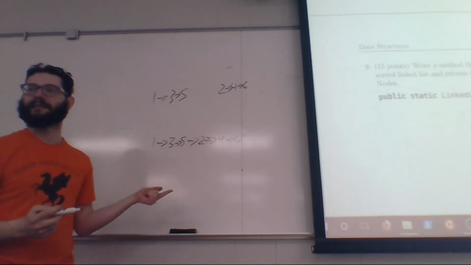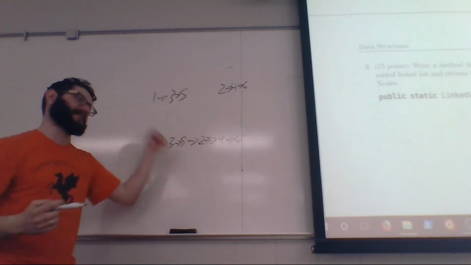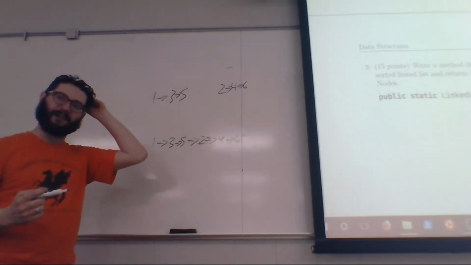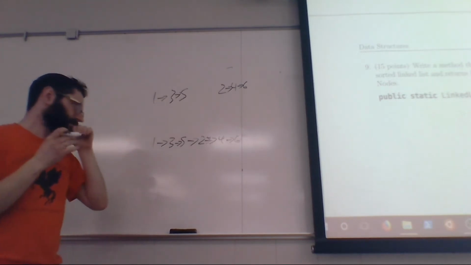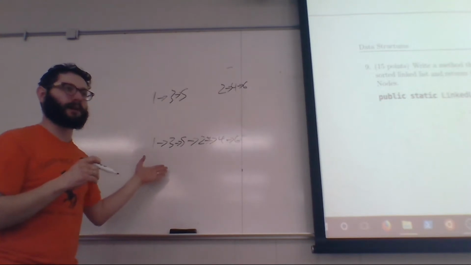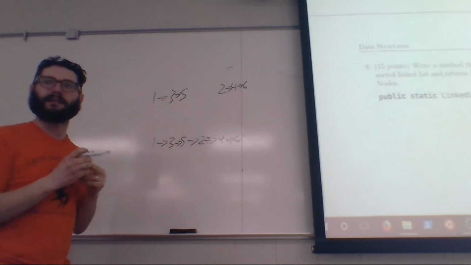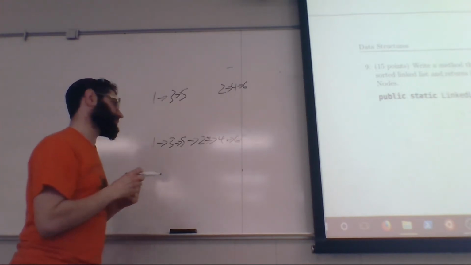Because it's a linked list. If I'm going to sort something, that's going to involve going to various indices and moving pointers. That's going to be terrible. But that is a solution, to put them together into one linked list and then sort them, but it's going to be slow.